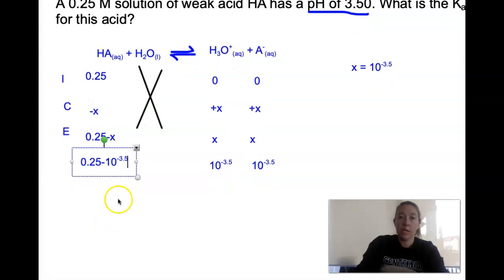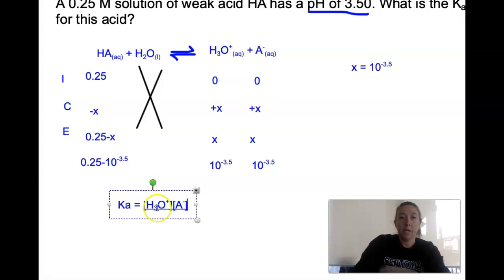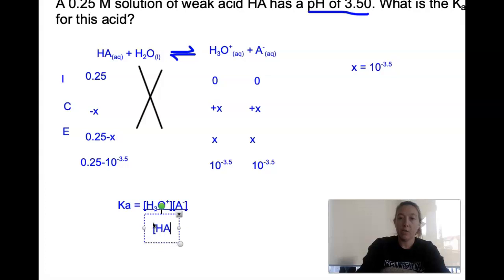Okay, so now we set up our Ka expression. Ka is equal to the concentration of hydronium times the concentration of A minus, all divided by the concentration of HA.